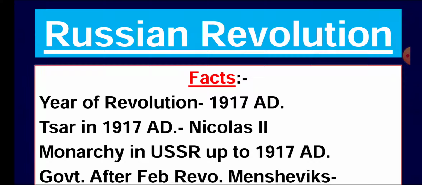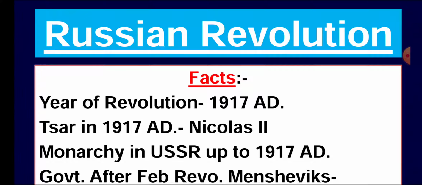Now you will ask me, sir, what is this monarchy? Although in writing it is written monarchy, its pronunciation is monarchy. It means rule of a king, rule of an emperor.